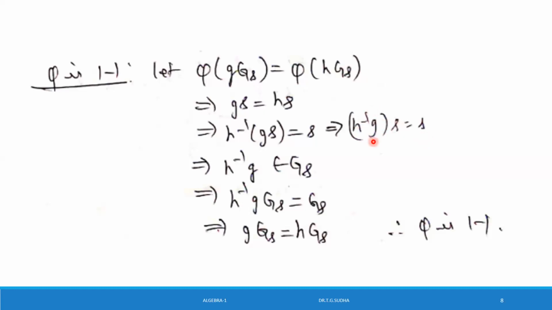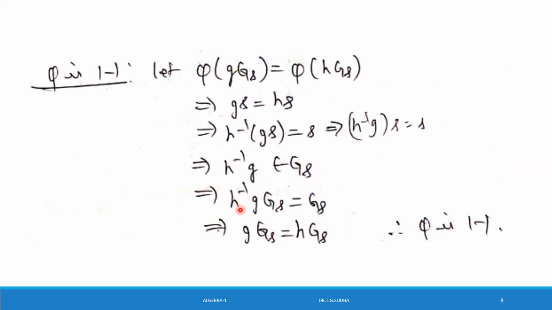Therefore, this h inverse g is fixing the element s. Therefore, this must belong to the stabilizer Gs. Therefore, h inverse g belongs to Gs, and this implies h inverse g Gs is equal to Gs, because this is an element of Gs.